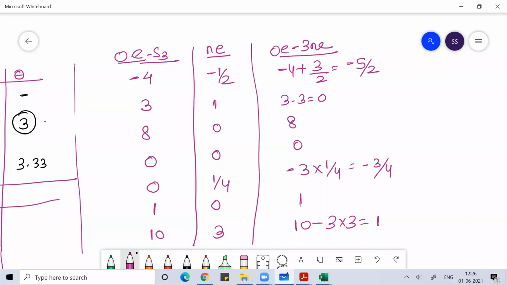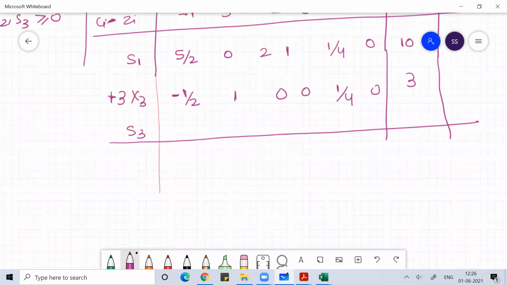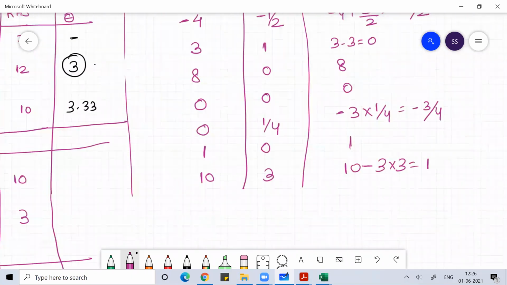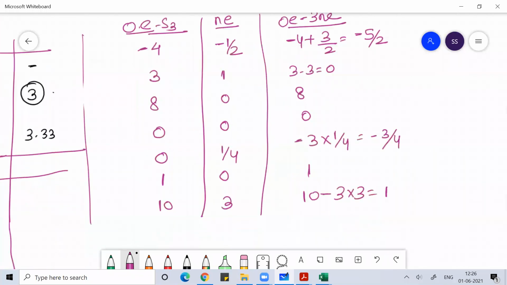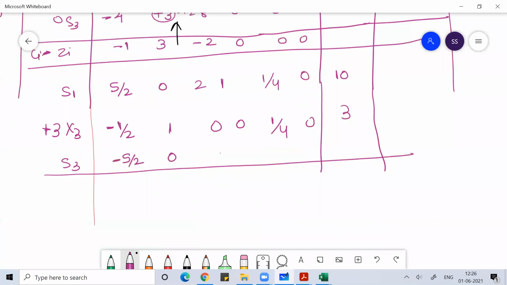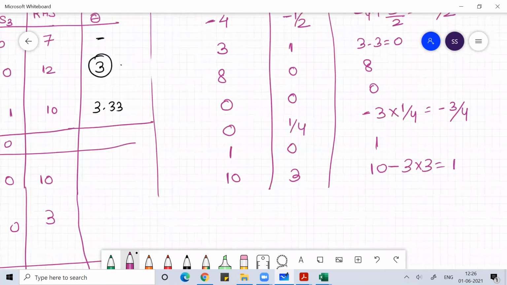So then your values will be -5 by 2, 0, 8, 0, -3 by 4, 1, 1.